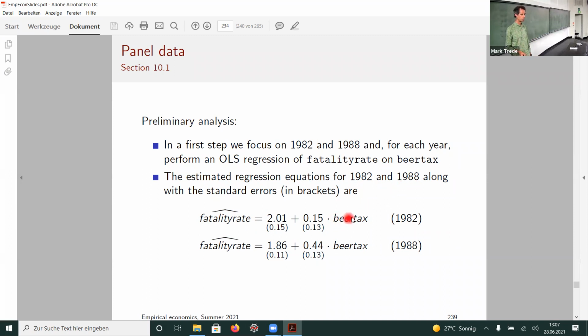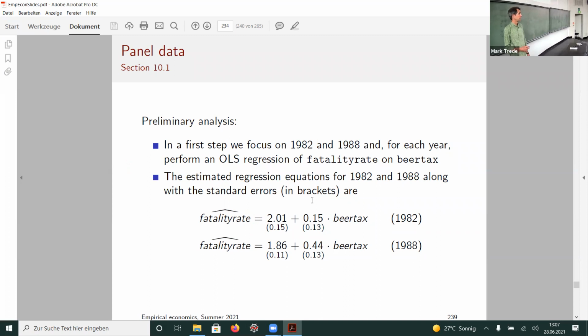So the beer tax will be high in places where the fertility rate is high, which is just what we find here. So if you reverse the causal direction, as you should just exercise all the time, then this result becomes more intuitive.